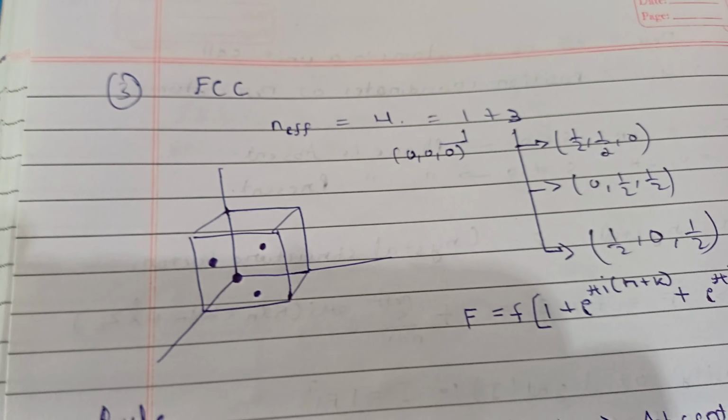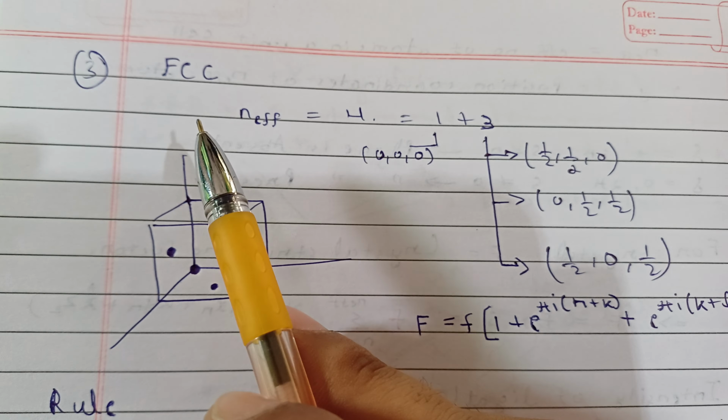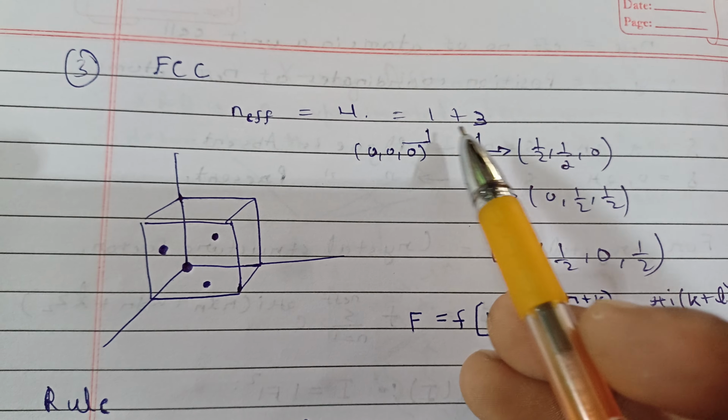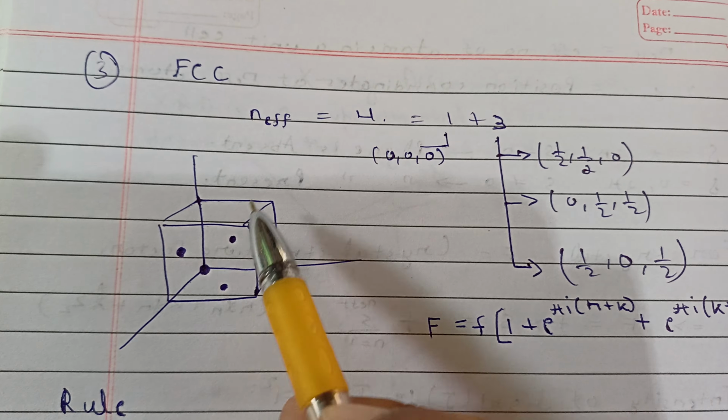So remember these rules. Now let's see the FCC structure. For FCC we know the effective number of atoms is 4. These are on the faces.